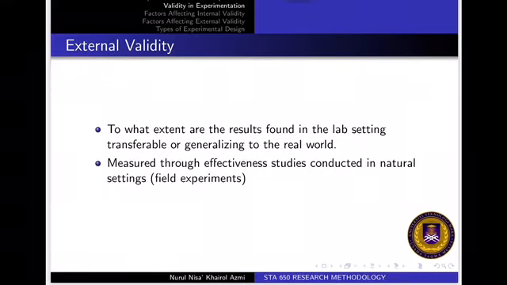Remember when we do the lab experiment, there are some factors that we try to control. For example in terms of gender, ataupun let's say kalau you buat in science lah, let's say you want to study the effect, you want to see the growth of a plant, for example. So there are many factors that contribute to the growth of the plant.